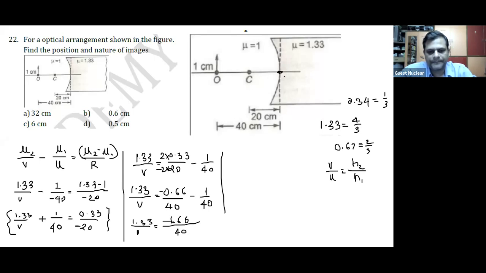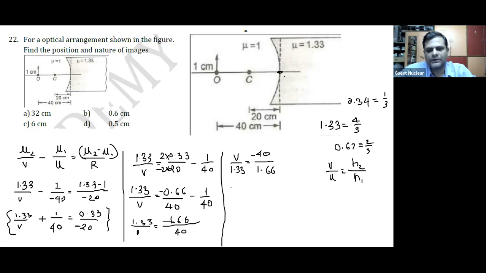Yes, so if you just take reciprocal on both sides, then it will be actually v upon 1.33, which is going to be -40 upon 1.66.